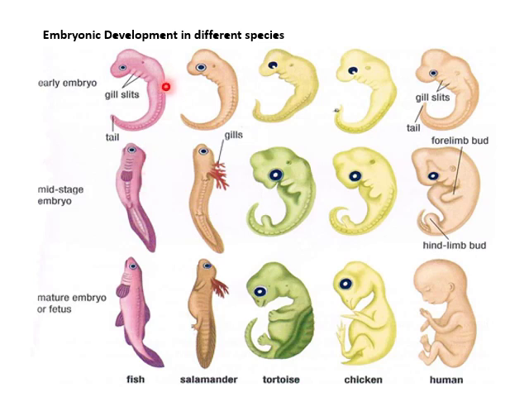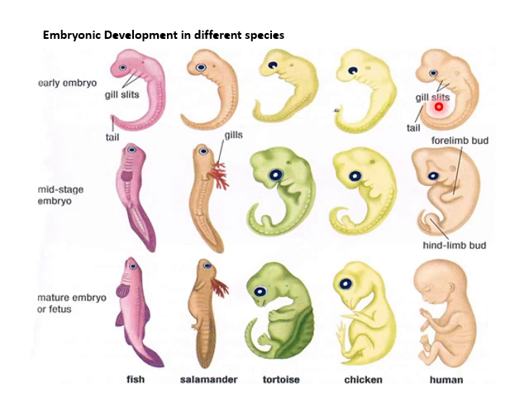First of all, you can observe this embryo, that is the embryo of fish. This is the embryo of salamander. This is the embryo of tortoise. This is the embryo of chicken, and this is the embryo of human.